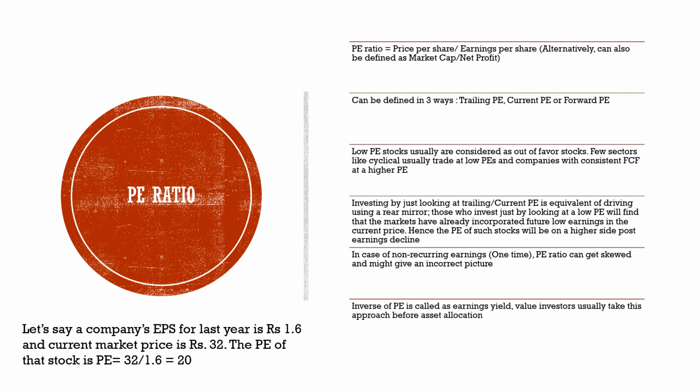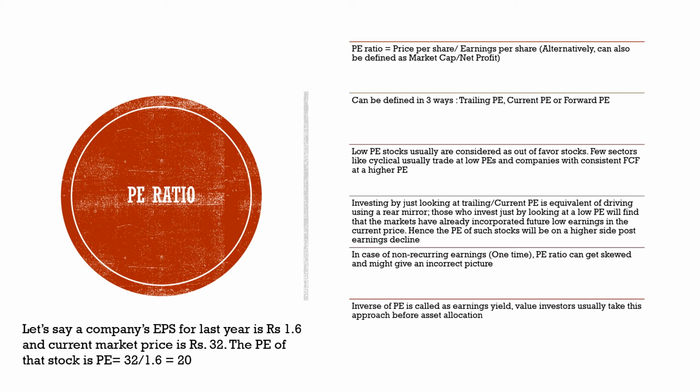I don't know exactly what the ratio is currently, but let's assume that today the Nifty 50, all the 50 companies, when you add it up, you arrive at a P/E of that particular index.